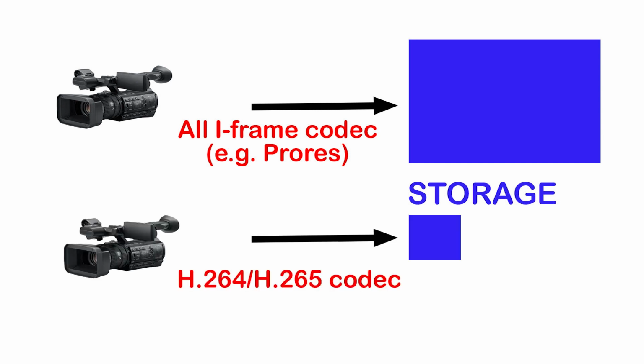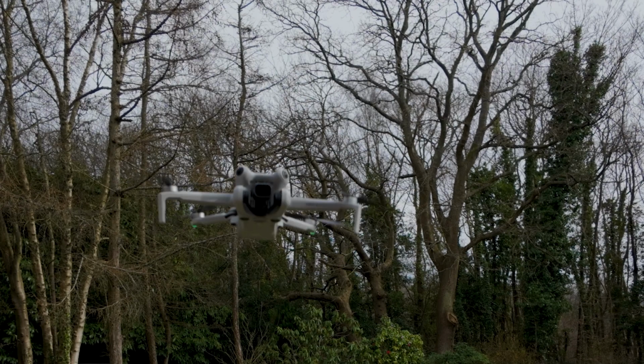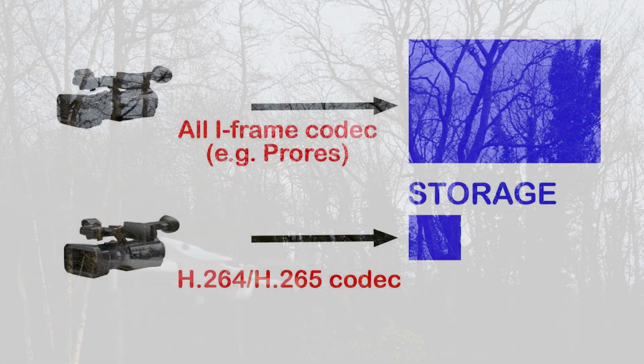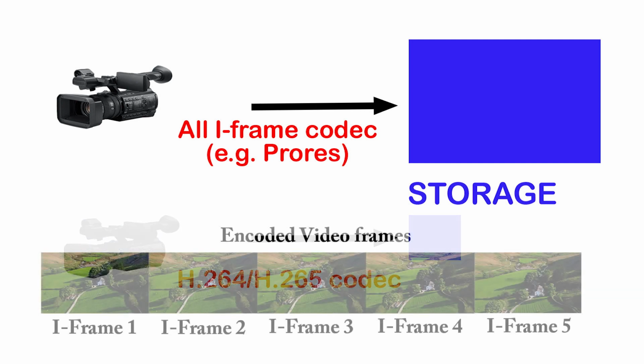Today, most videos are distributed using files created using the H.264 or H.265 codecs, which require less storage space and are more practical. And most video cameras, drones or mobile phones usually encode videos using the H.264 or H.265 codecs, although the iPhone 15 Pro Max and some professional video cameras can encode video as ProRes files.